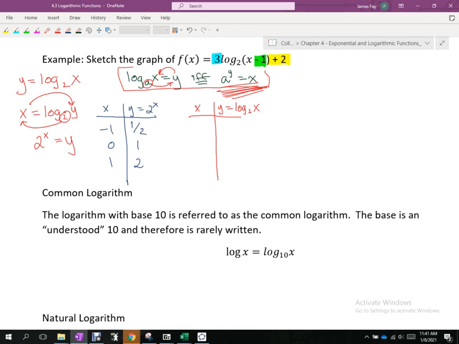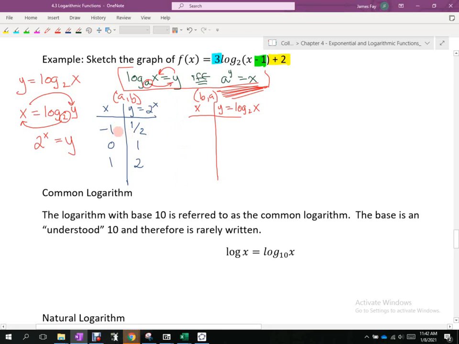And if they're inverses, what does that tell me about their domains and ranges? They're flipped. Okay? So if this has the point A comma B on it, then this is going to have the point B comma A, right? That's what the definition of an inverse really is.